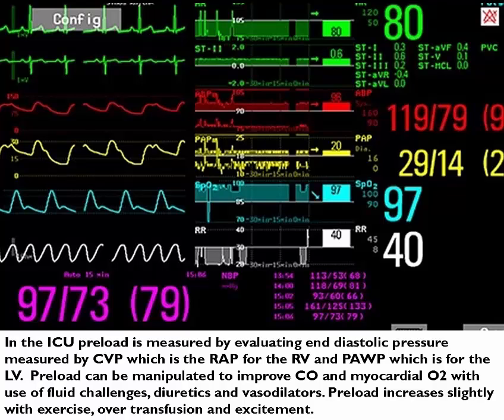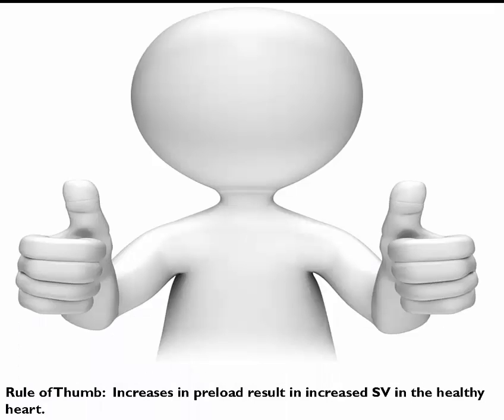Preload can be manipulated to improve cardiac output and myocardial oxygen with the use of fluid challenges, diuretics, and vasodilators. Preload increases slightly with exercise, overtransfusion, and excitement. A rule of thumb to remember is that increases in preload result in increased stroke volume in the healthy heart.